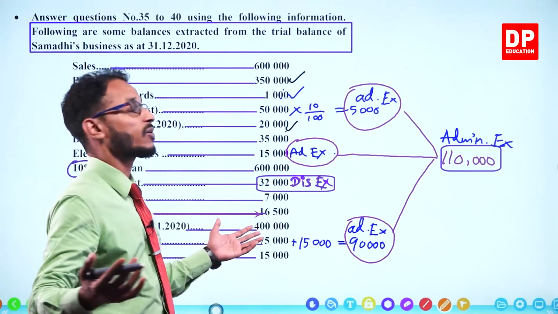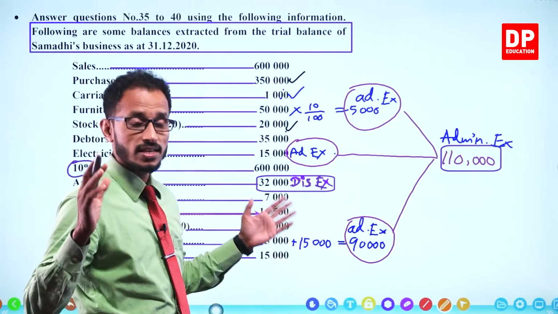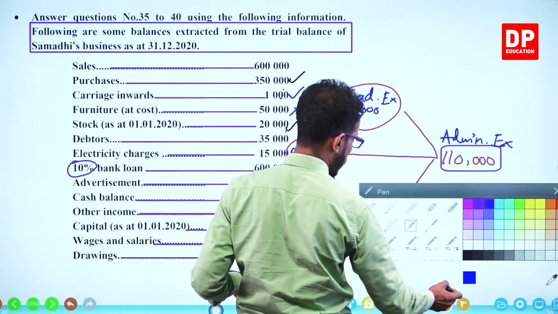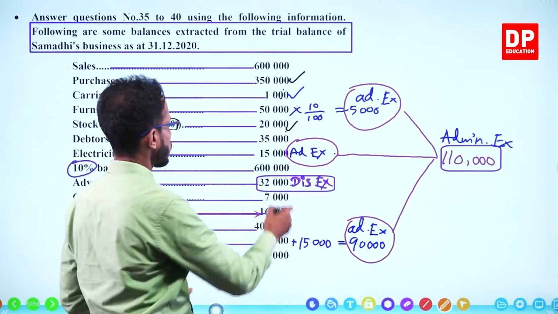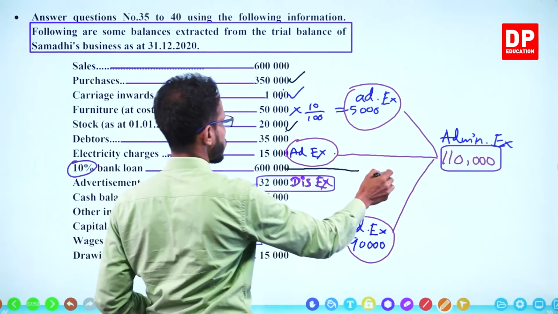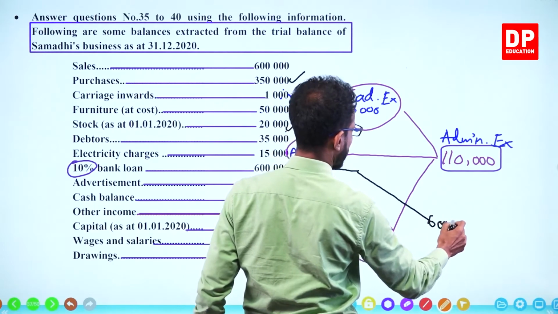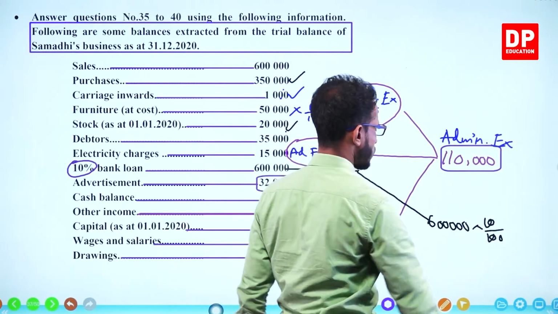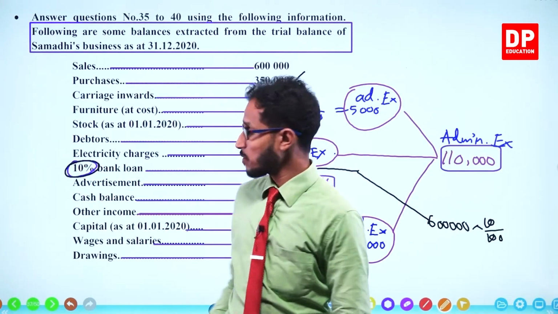Financial expenses, we have to calculate the financial expenses by calculating the bank loan interest. It's right here. Bank loan 600,000, and from this 600,000 into 10%. Where's the 10%? It's given. 10% is the bank loan interest.